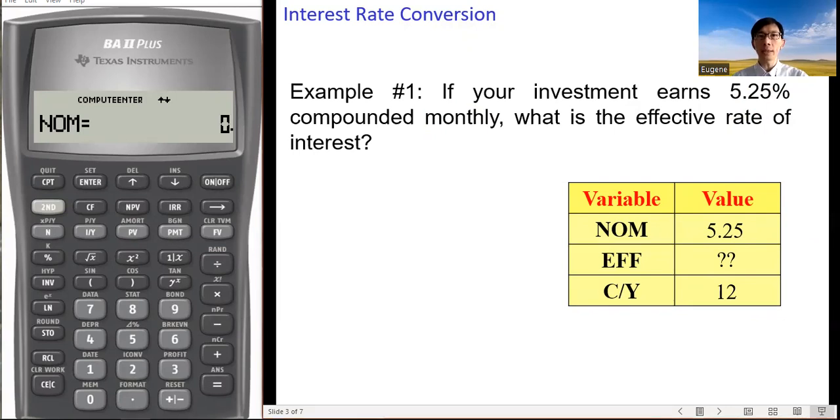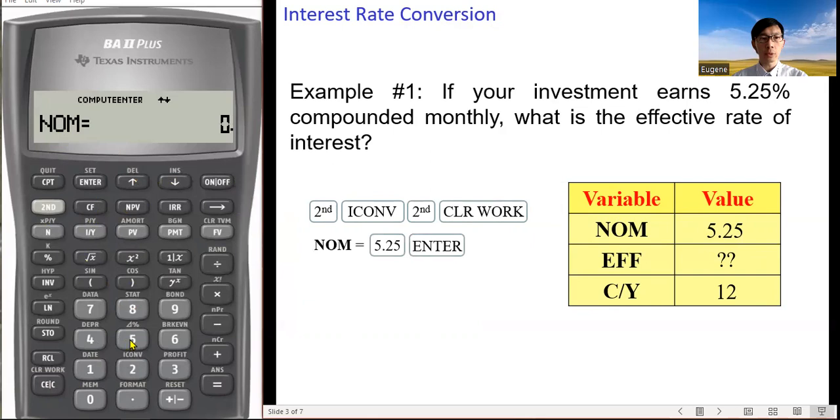Then we can activate the worksheet by pressing the second key and then the number 2. Clear previous work if necessary by pressing the second key and clear work. Then we can key in the value for NOM, 5.25, and then press enter.